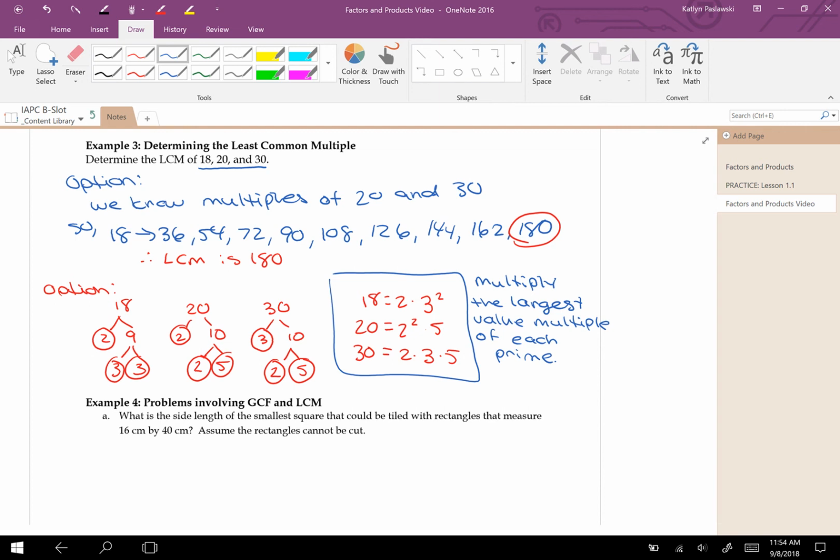So I see that the highest value 2 is 2 to the power of 2. The highest value 3 is 3 to the power of 2. And 5 is the same in either question. So now to determine the least common multiple, I need to multiply 3 to the power of 2, multiplied by 2 to the power of 2, multiplied by 5, and that equals 180 as the least common multiple.